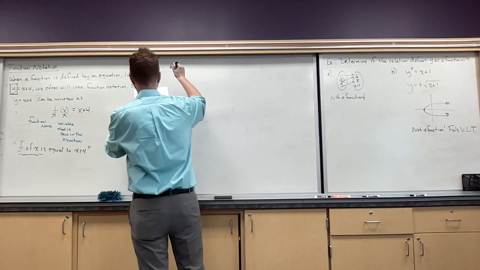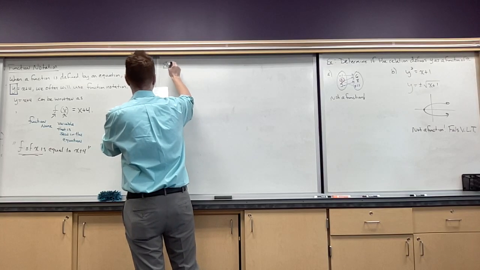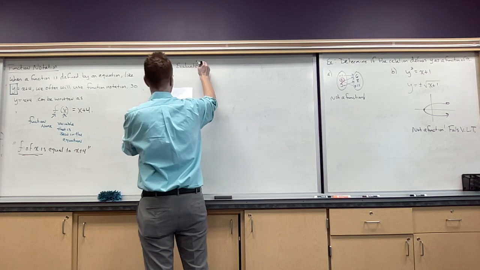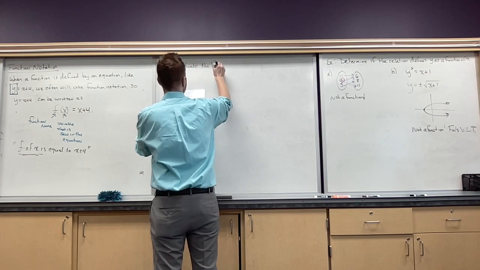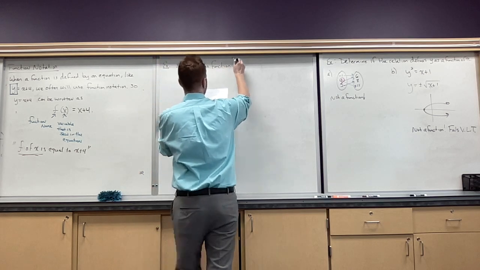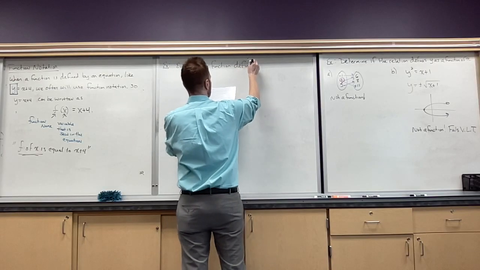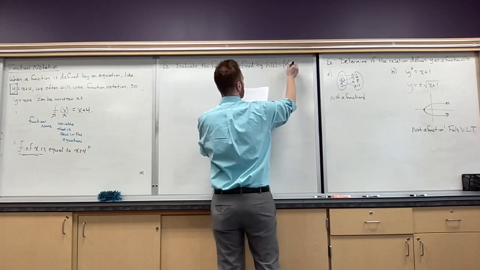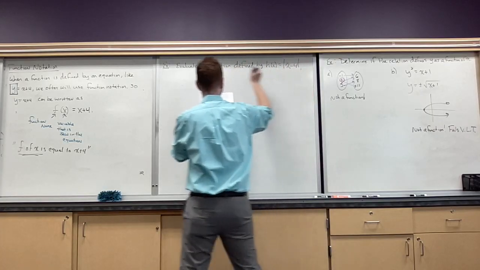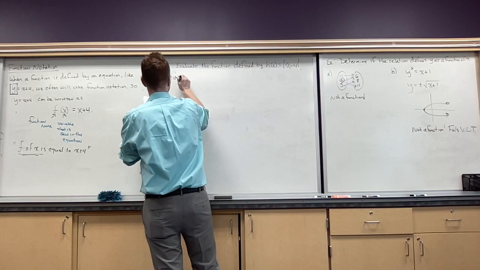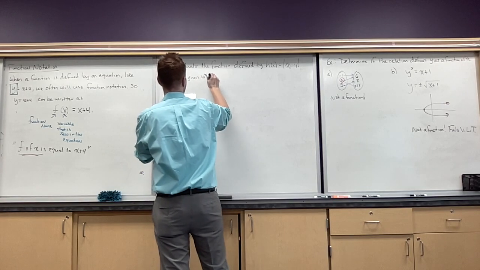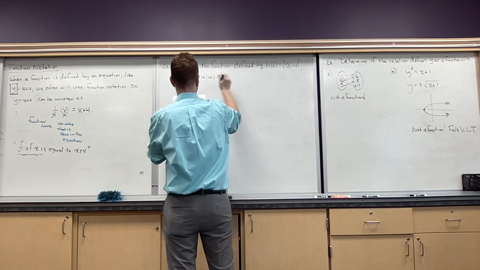Here we go. Let's try an example. So we're going to evaluate the function defined by h of x equals absolute value of x minus 4 for the given values of x.